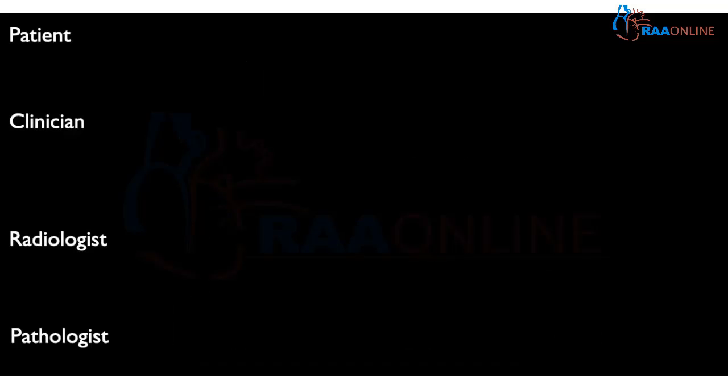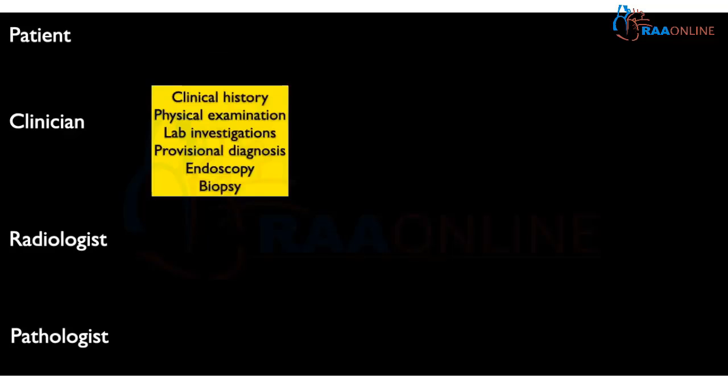So the patient meets the clinicians first. They come with complaints and tell the same thing to the clinicians. The clinicians do a physical examination after getting their thorough clinical history. They write lab and radiological investigations. They have their own provisional diagnosis.